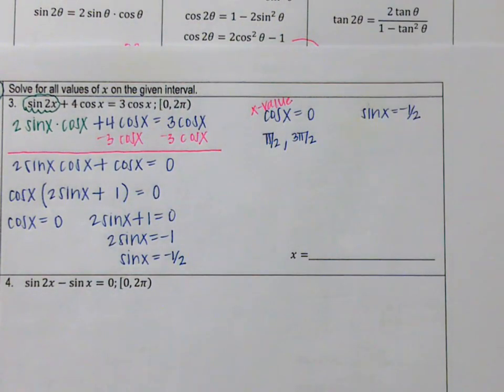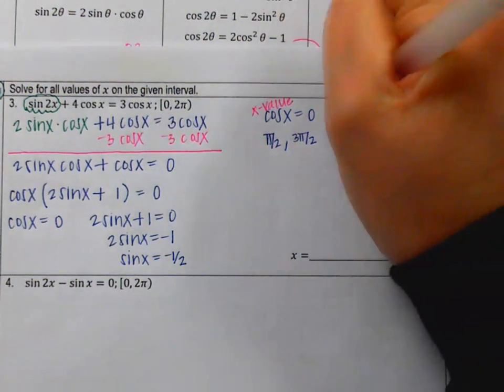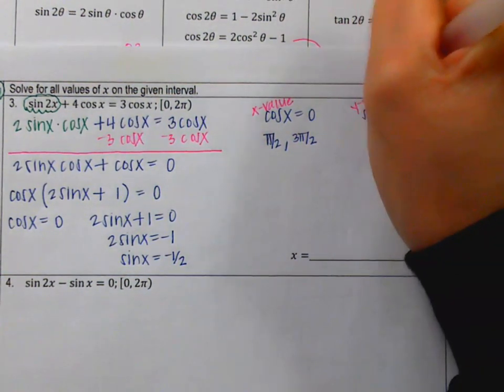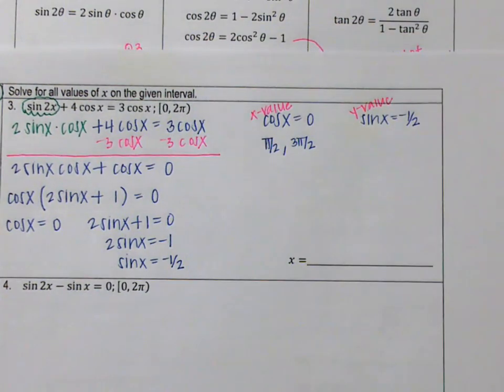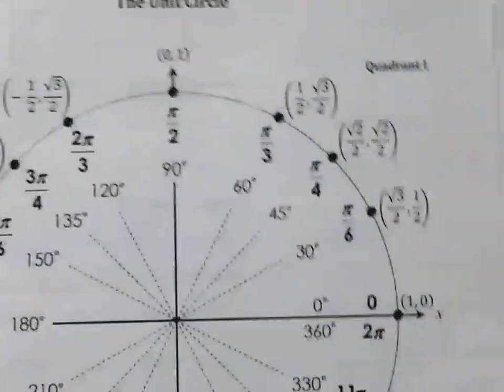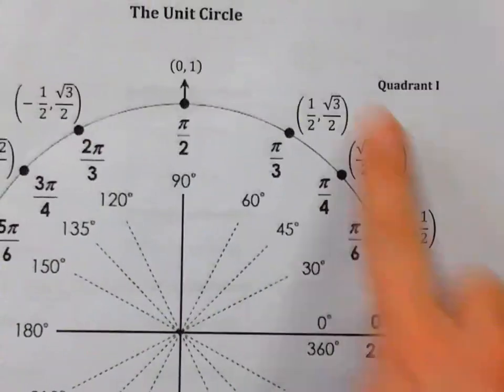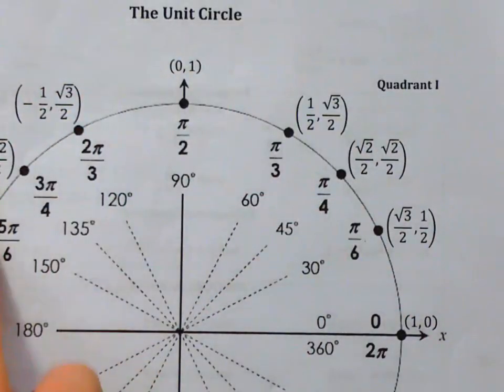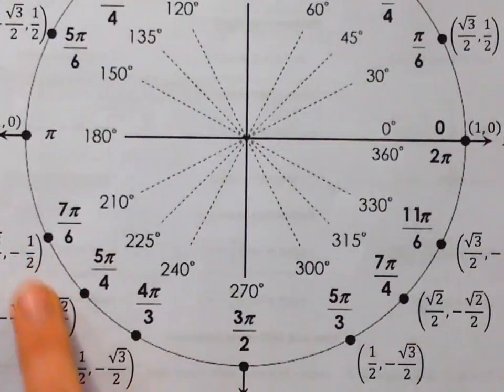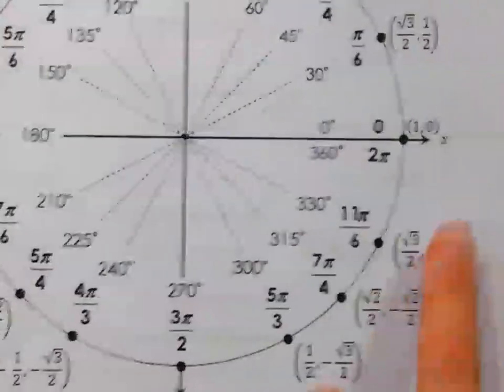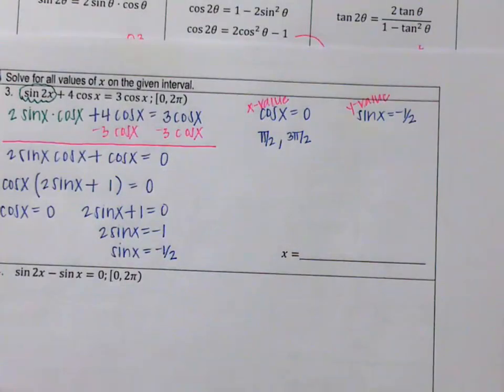Okay, so then I move on to sine x. Sine is my y value. Where does my y value on the unit circle equal negative 1/2? So I go again and start looking at my y values. Okay, 7 pi over 6, and then also 11 pi over 6.